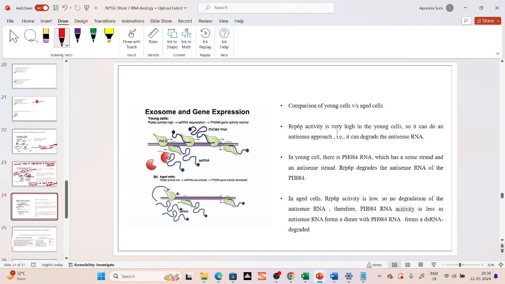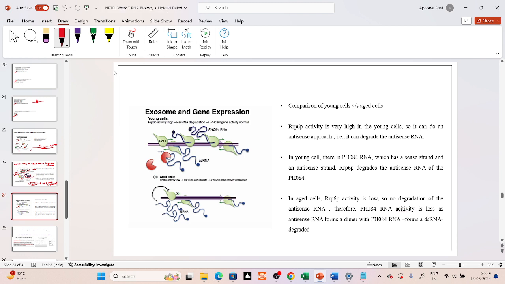Rrp6 degrades the antisense strand of this 484 RNA. Whereas in aged cells, the Rrp6 activity is very low, so the antisense RNA of the 484 is not deleted, and therefore the activity of this RNA is very less.